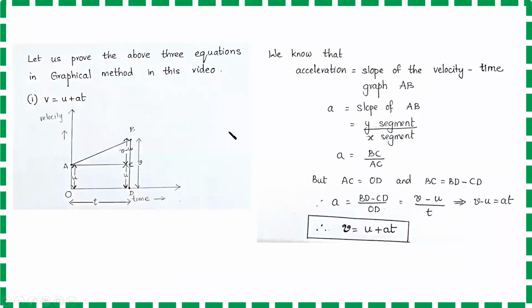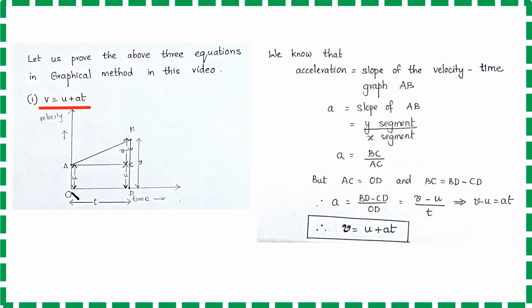Let us take the first kinematic equation, which is v = u + at. For that, let us take this graph. In this graph, you can see on the x-axis we have taken time, and on the y-axis we have taken velocity.